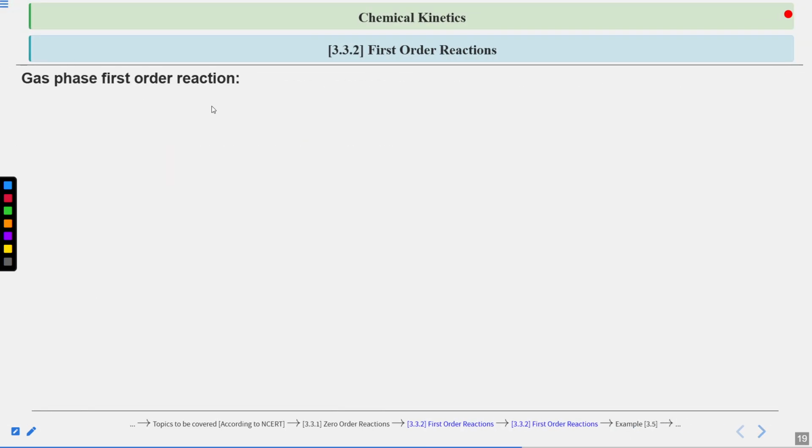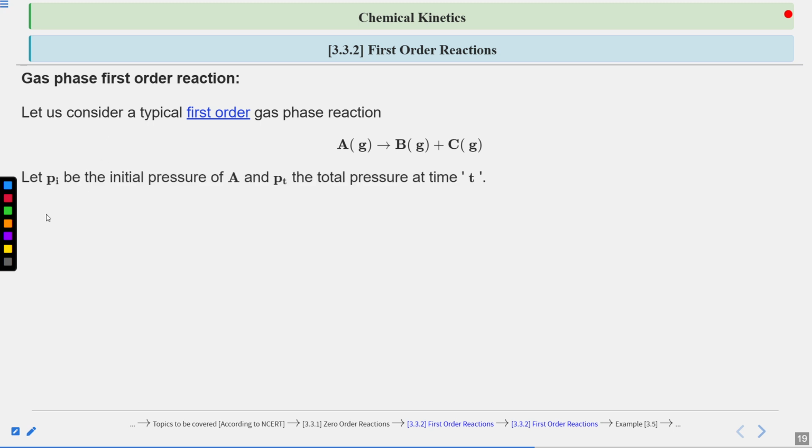Gas phase first order reaction. Now let's see what a gas phase first order reaction is. Let us consider a typical first order gas phase reaction, where every reactant and product is in the gaseous form: A converting to B plus C. Now let Pi represent the initial pressure of A and Pt the total pressure at some time t.